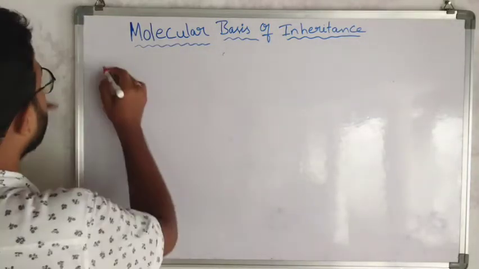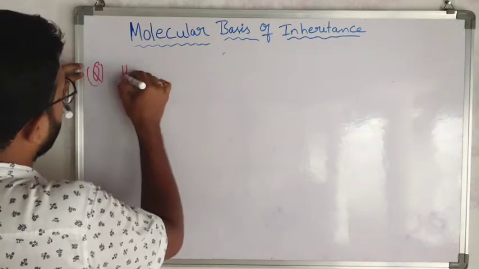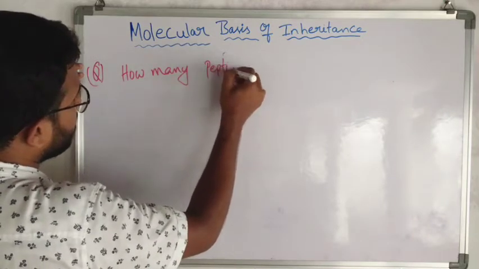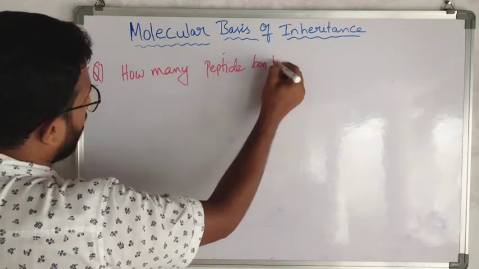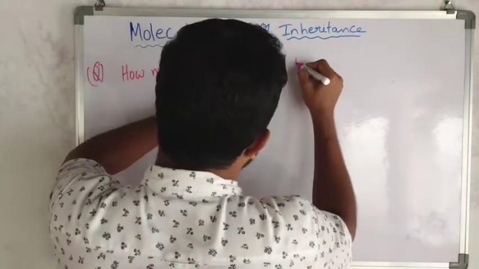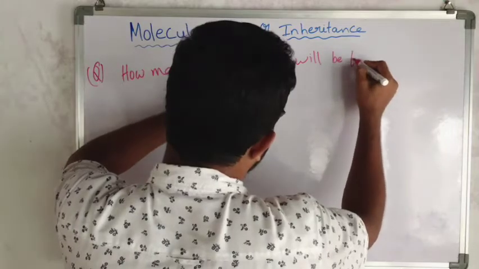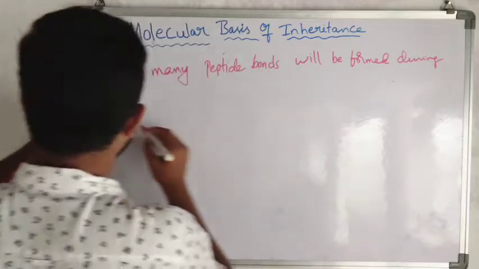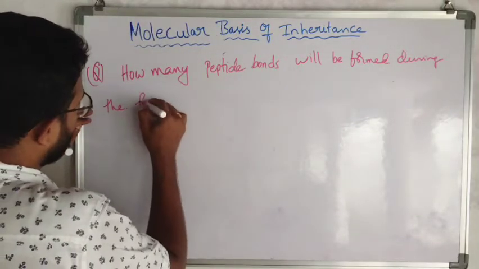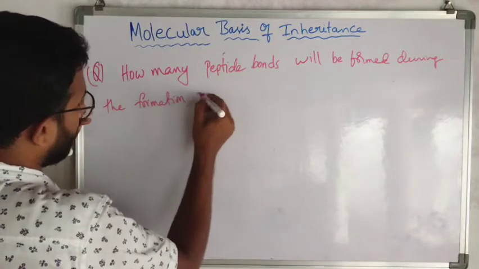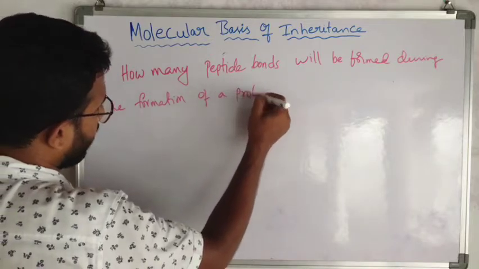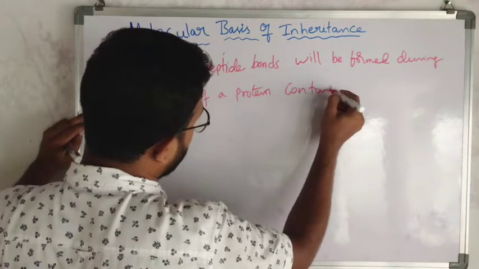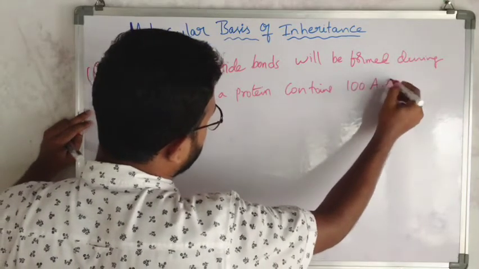So I am writing a question here. How many peptide bonds will be formed during the formation of a protein that contains 100 amino acids?